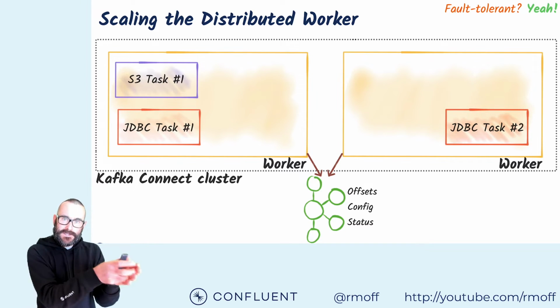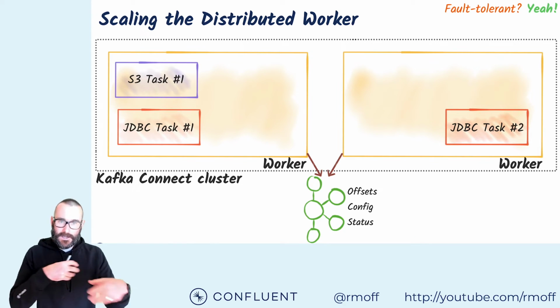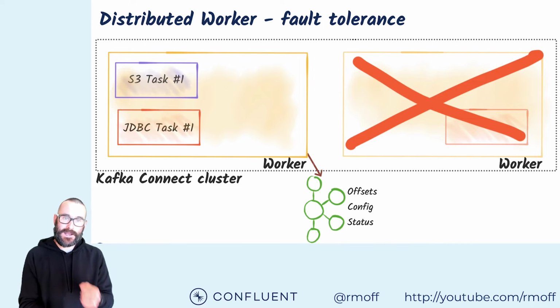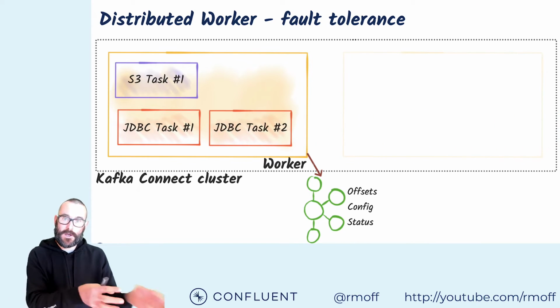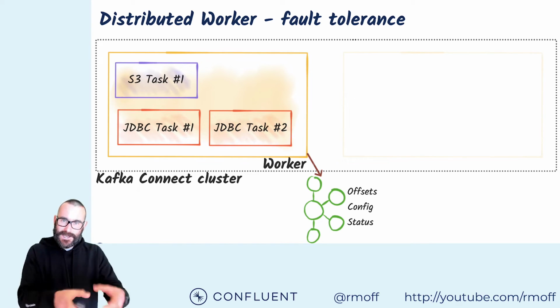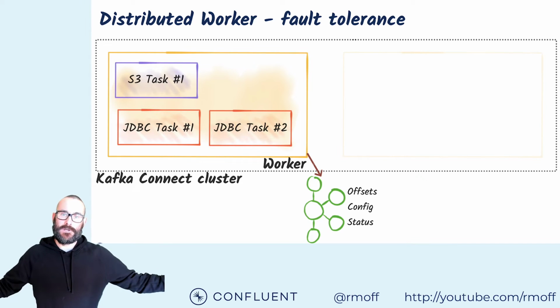So we can now have tasks running across one or more different workers. Kafka Connect allocates that work accordingly. If we lose a worker, Kafka Connect will say, okay, we've lost something here, we need to move that work around to make sure that all of that work's being carried out. So we can scale it out as much as we want to, both for redundancy and throughput.